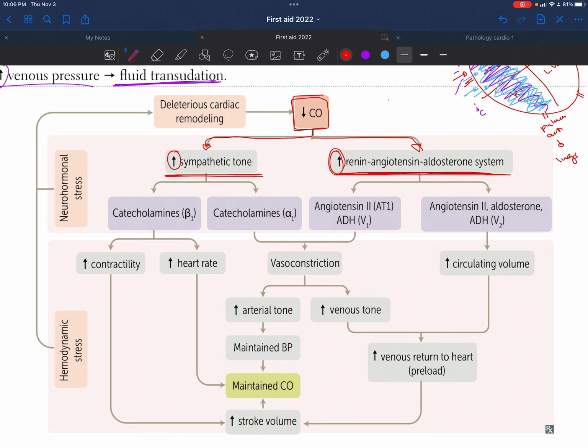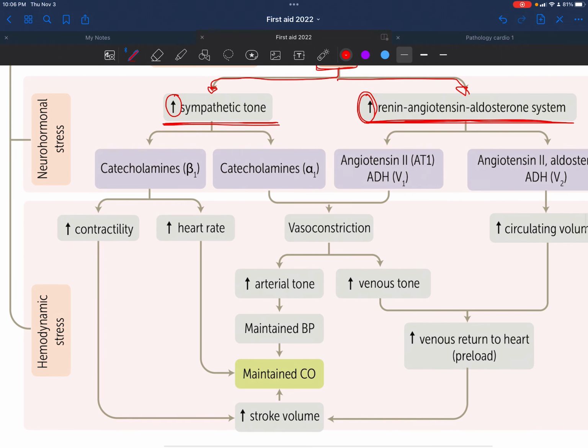We know that the increase in the sympathetic tone, of course, can be done through the catecholamines. The catecholamines affect either the beta 1 receptor or alpha 1 receptor. So these are the parts that are going to be activated in the increase of the sympathetic tone: the catecholamine beta 1 receptor and the catecholamine alpha 1 receptor.